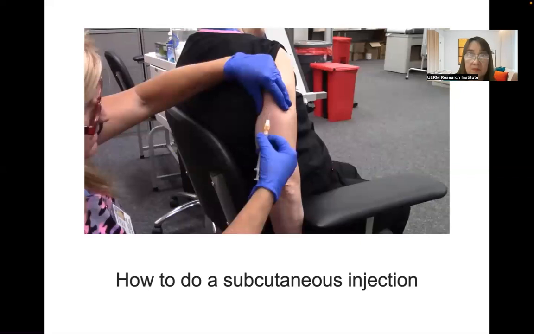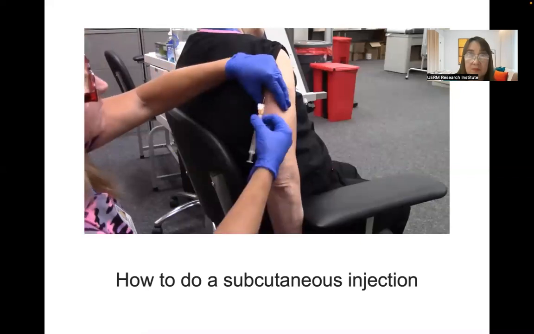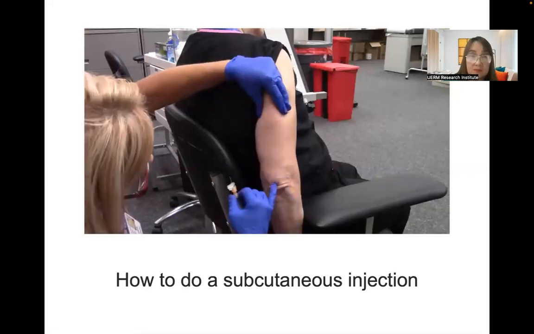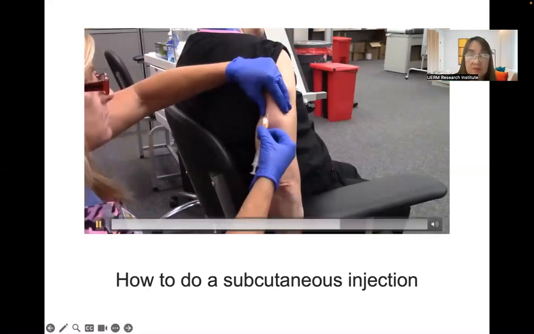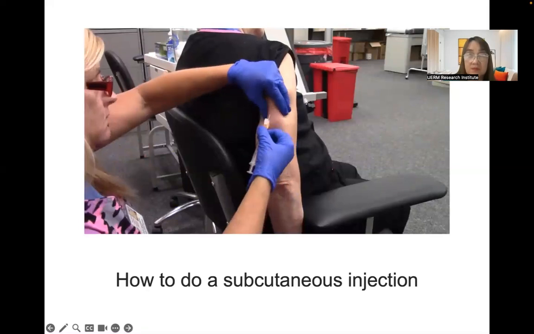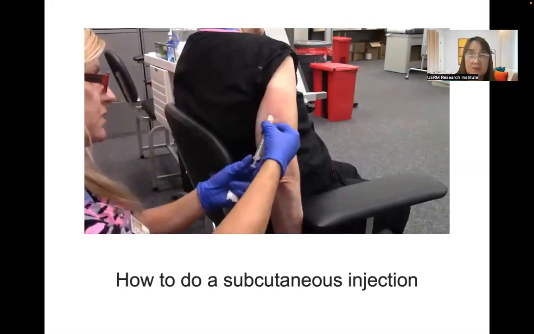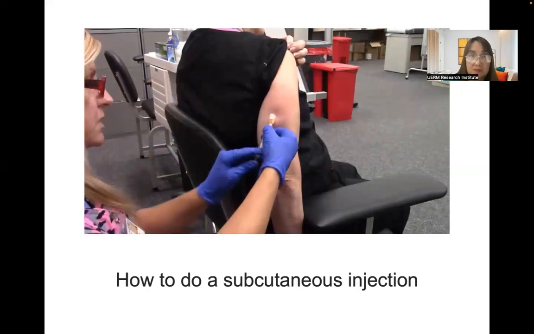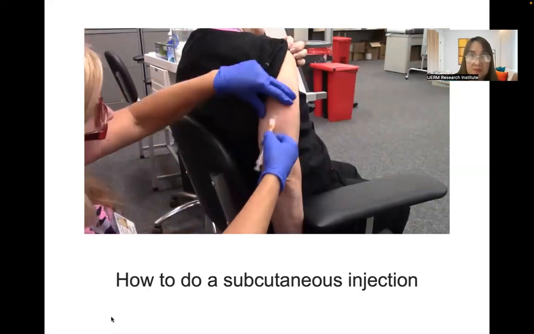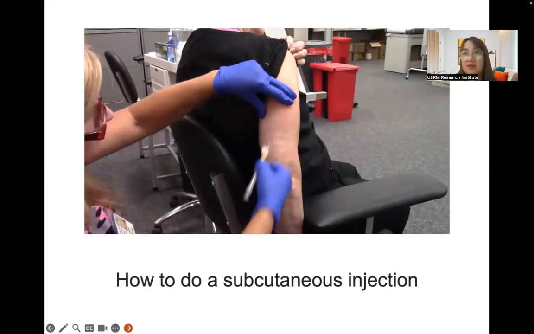Make sure their arm is relaxed. The bevel is up. We're going to pinch middle of the elbow up. Double check again. Pinch about an inch. Aspirate. You don't have to, but we're just going to do it. Okay. We're going to measure.